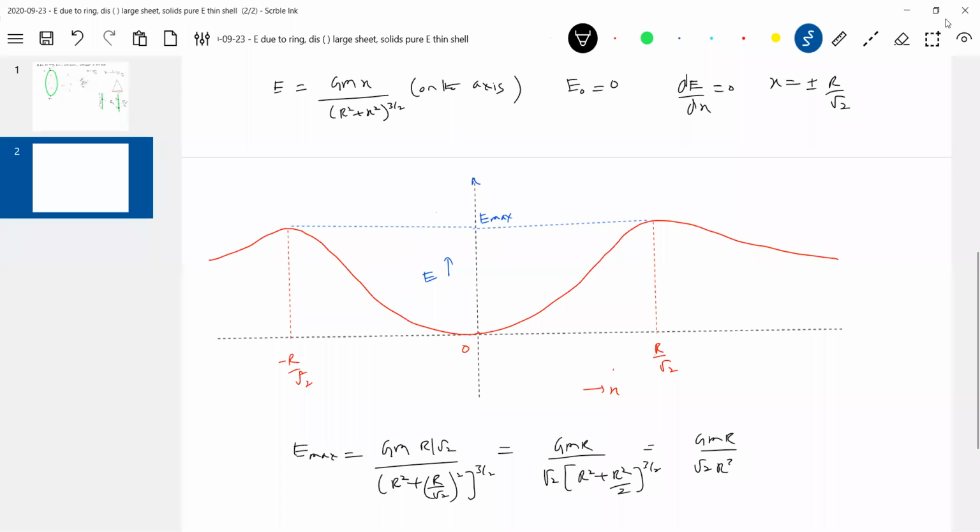Then this will be 3 by 2 to the power of 3 by 2.